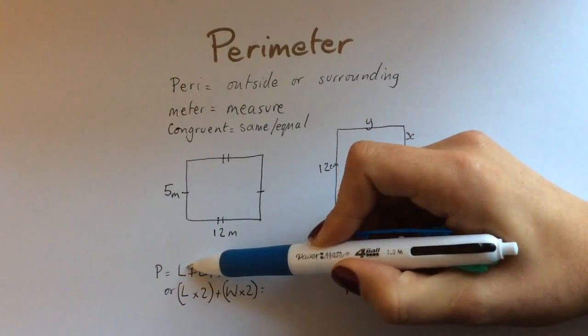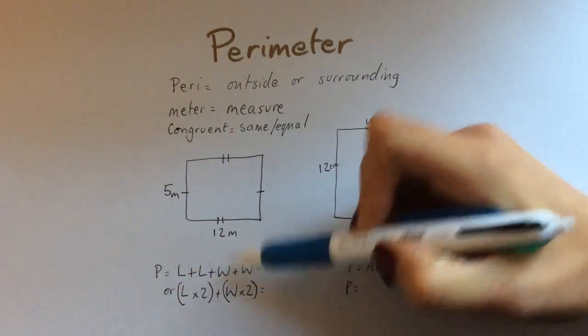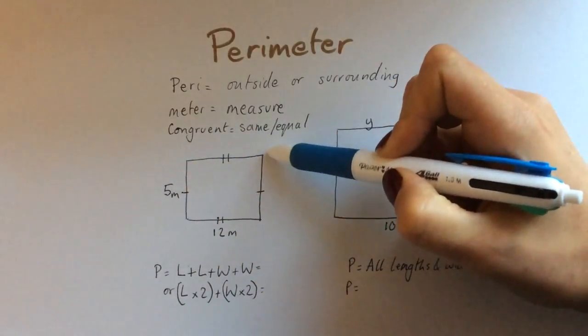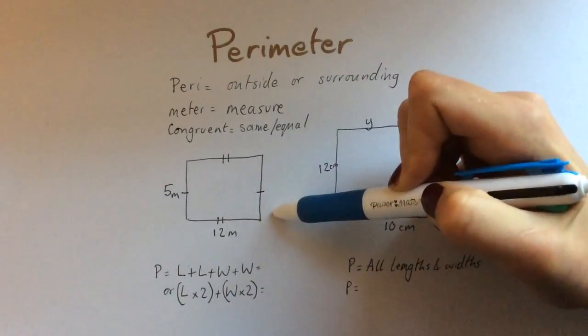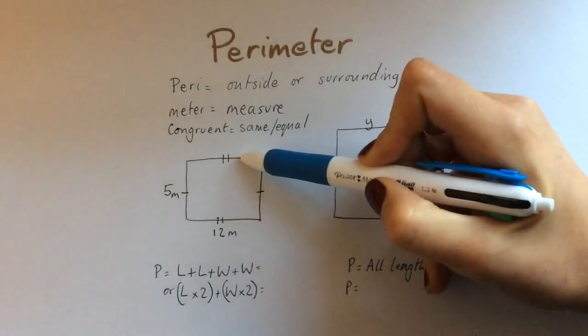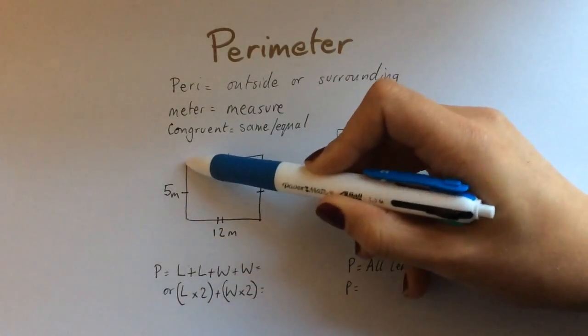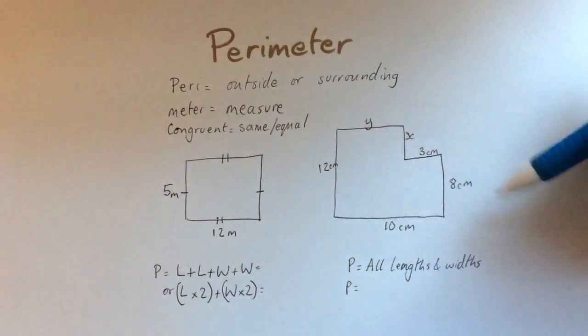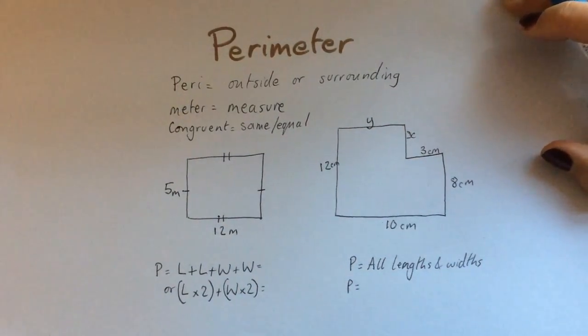We could say length plus width, which is the length here, plus the length here, plus the width. Or we could say the length times 2 plus the width times 2. Either way, it doesn't matter. You'll get the same result.